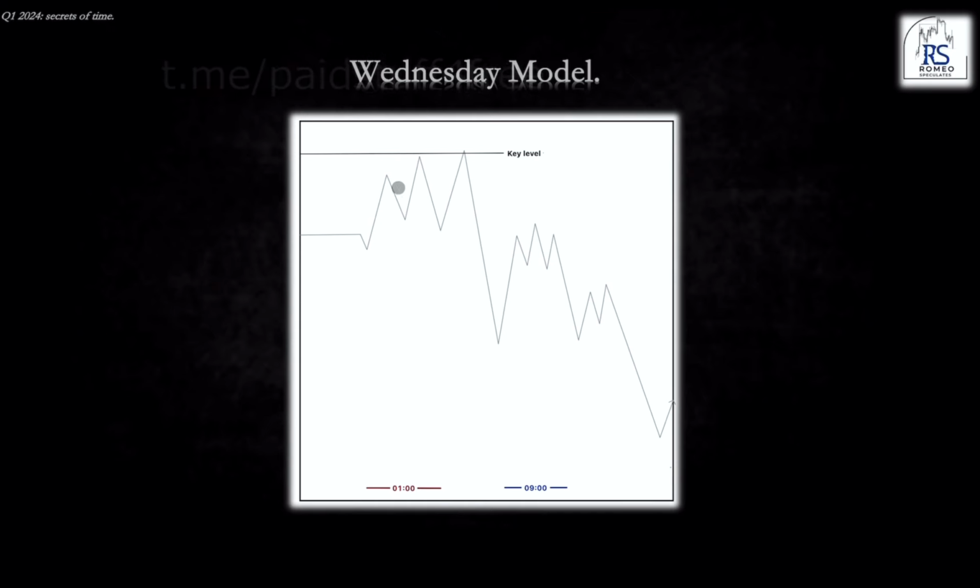So rally, range, turtle soup at a key level, turtle soup, breakdown. Now there's a change in the state of delivery on the higher time frame, which is a market structure shift on the lower time frame, right?